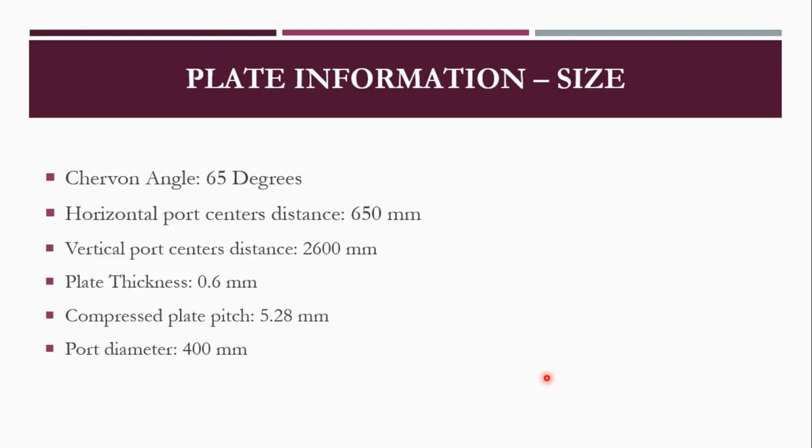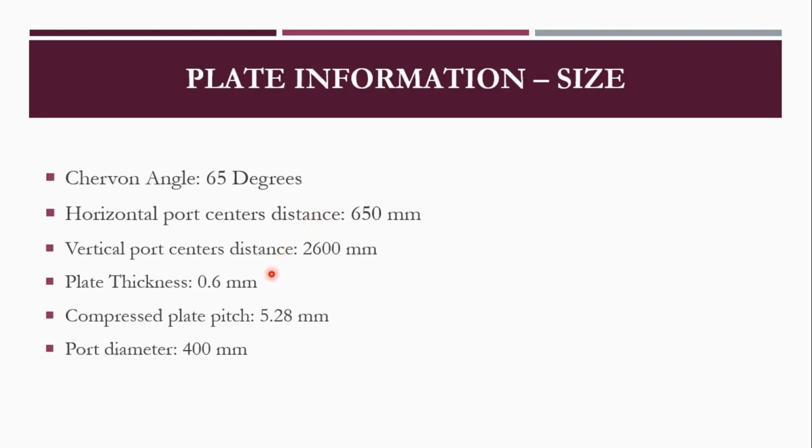Now coming to the interesting part. Before designing the heat exchanger, we need to define the characteristics of the heat transfer plate. The plate geometry has a direct influence on both heat transfer and pressure drop. One of the important parameters is the chevron angle, which influences the flow path and hydraulic resistance, and is given as 65 degrees. We also have a horizontal port center distance of 650 millimeters and a vertical port center distance of 2600 millimeters.